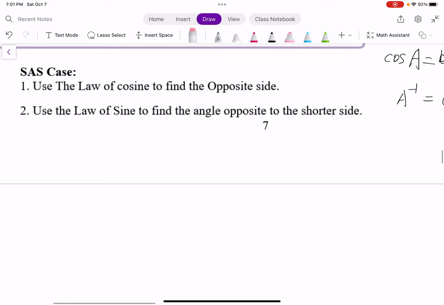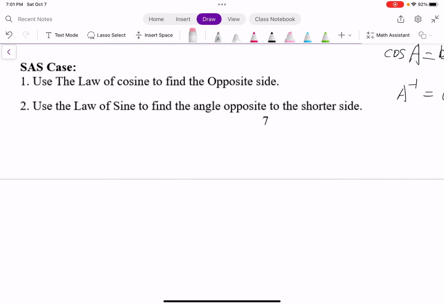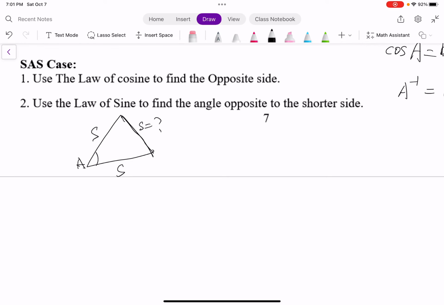Okay, let's use the law of cosines to solve the SAS case. Use the law of cosines to find the opposite side, because if we have the SAS case, we want to find this side first. That's the side opposite of the angle A. I say this triangle is ABC, and I know the lowercase b, I know the lowercase c, and I also know the angle A. Can you find the lowercase a?